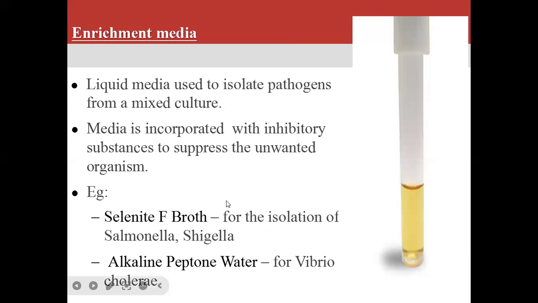It supports the growth of only Salmonella and Shigella. No other bacteria can grow in selenite F broth, because it suppresses the growth of other bacteria and promotes the growth of Salmonella and Shigella. Next, alkaline peptone water. This is helpful for isolation of Vibrio cholerae. It supports the growth of only Vibrio cholerae, and it suppresses the growth of other bacteria.